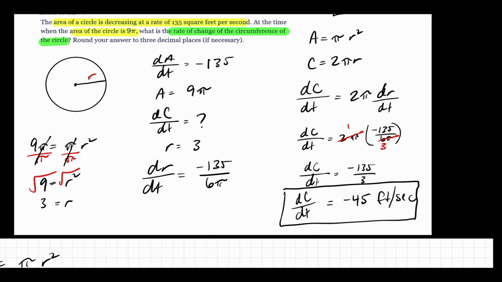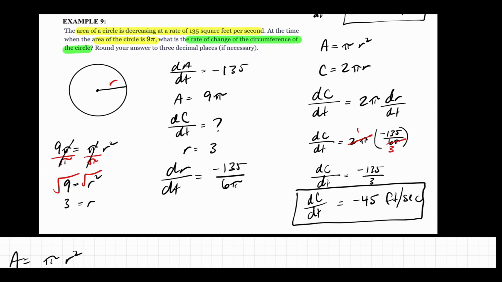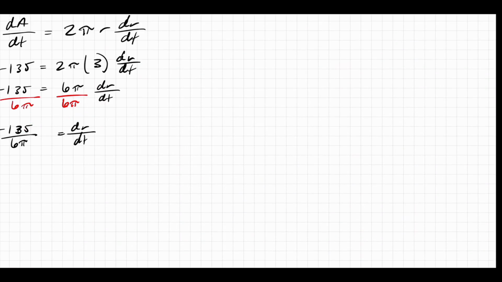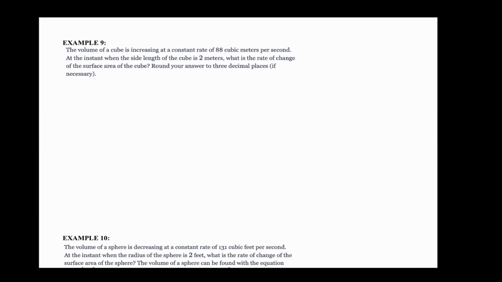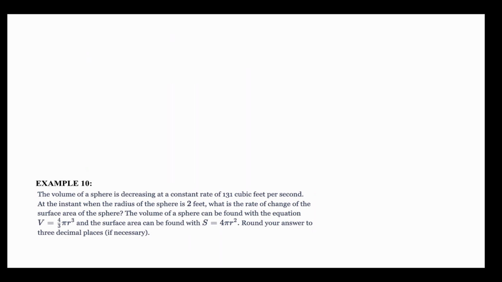Okay. So that's the hardest type of these. When you're trying to solve for one, but you don't know enough, so you have to use another equation to figure out the stuff. That's the hardest part about these. That's the hardest type of question you'll see. So what I want you to do right now is do cube, sphere.